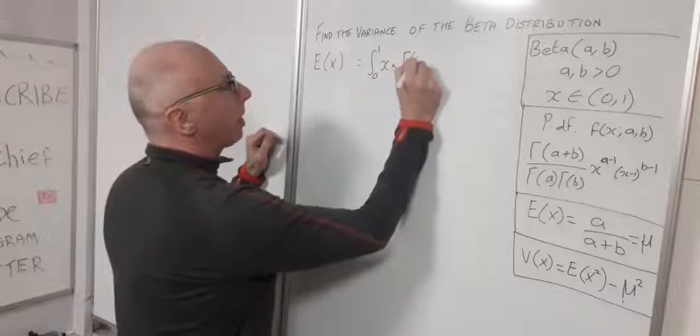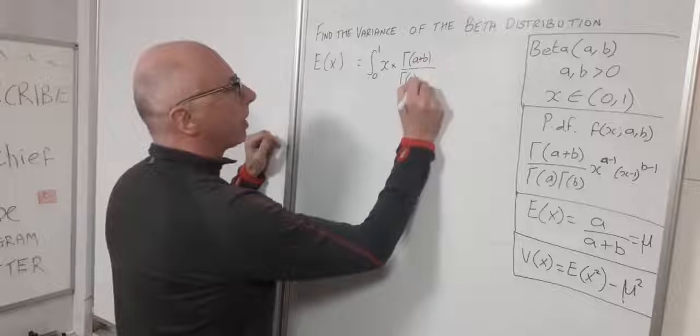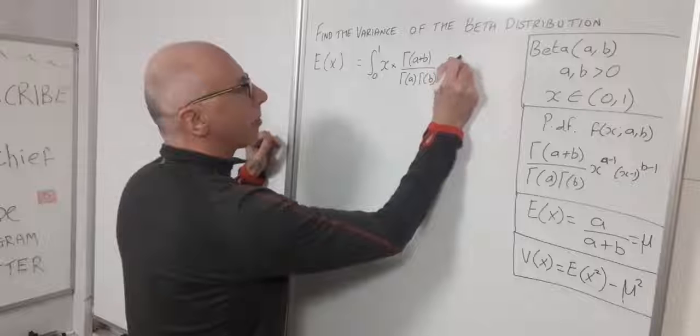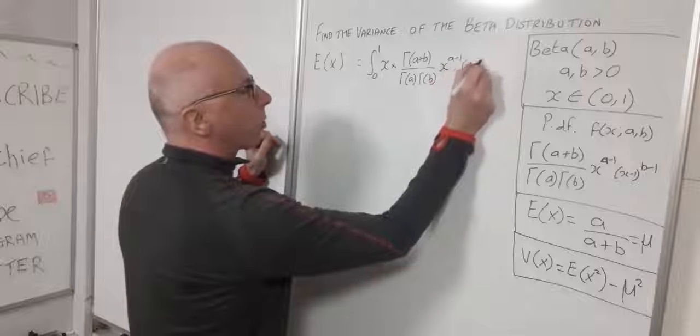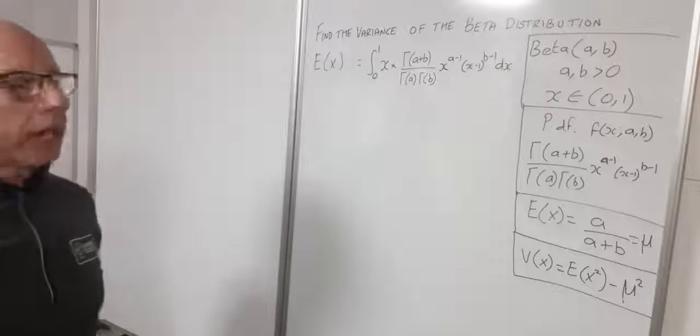So we had gamma a plus b divided by gamma a times gamma b, and then x to the a minus 1, (x minus 1) to the b minus 1, all with respect to dx.